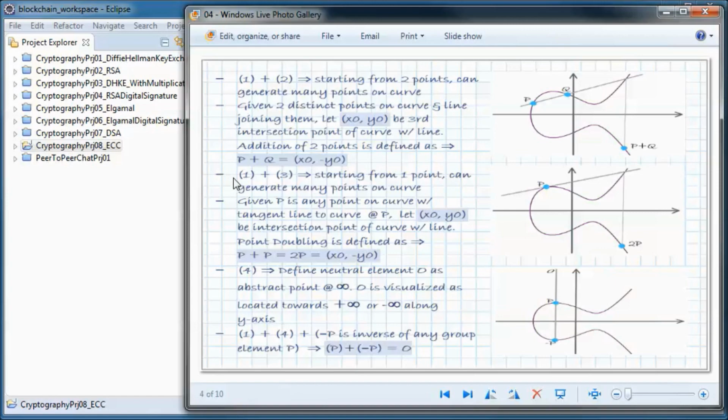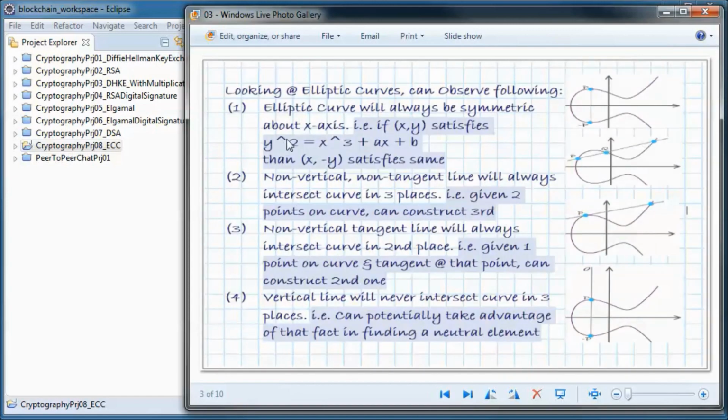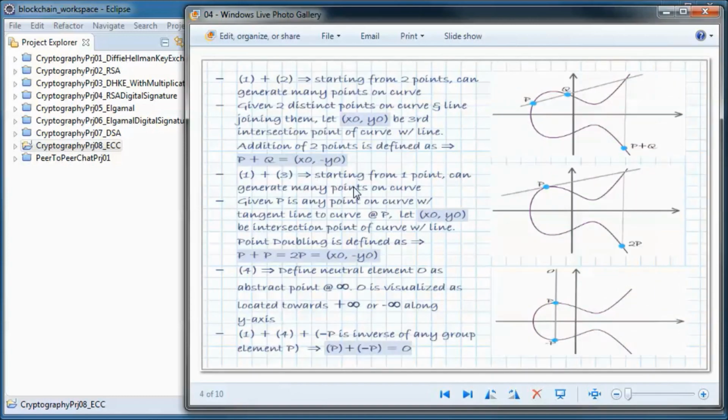And we also take advantage of our first and our third observation, so the symmetry and the non-vertical tangent line intersecting the curve in the second place. So this means that starting from 1 point, we can generate many points on the curve.